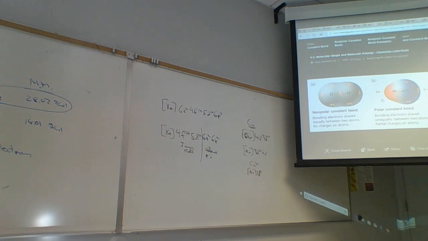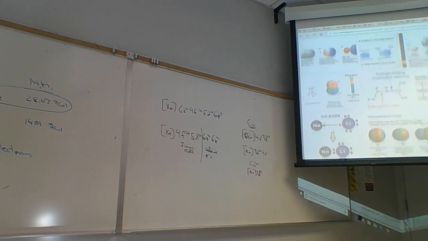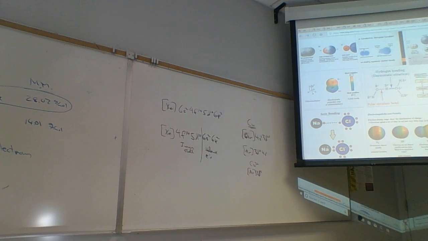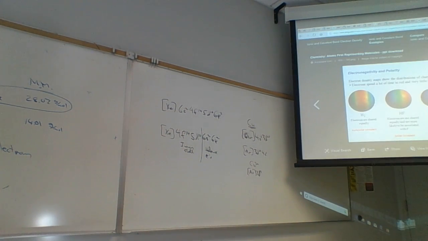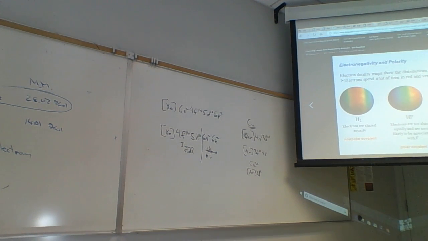But this is not a computer simulation. Let's look at a computer drawing from quantum mechanics. This is an electrostatic potential map. You can see on the left is hydrogen, in the middle is HF, which is polar covalent, and on the right is sodium fluoride, which is ionic.